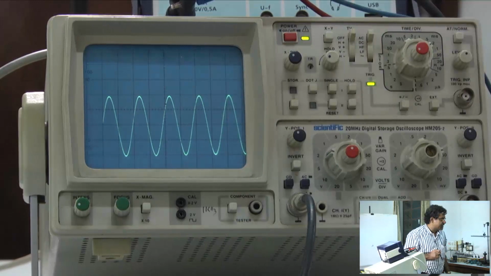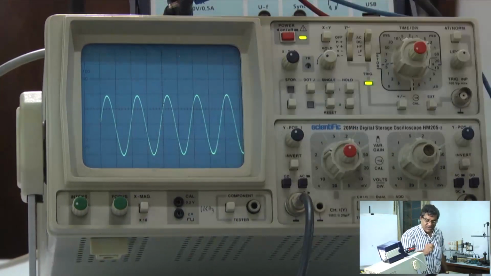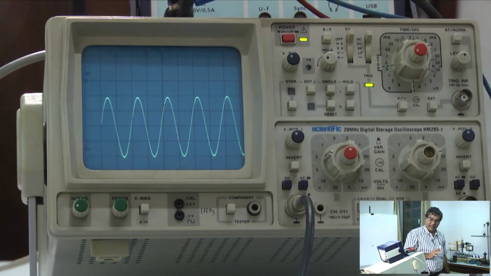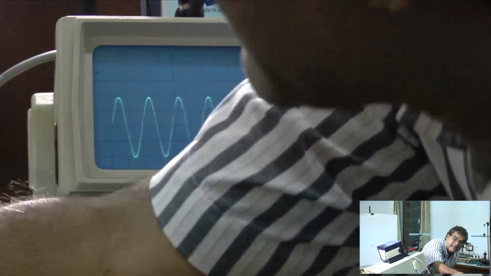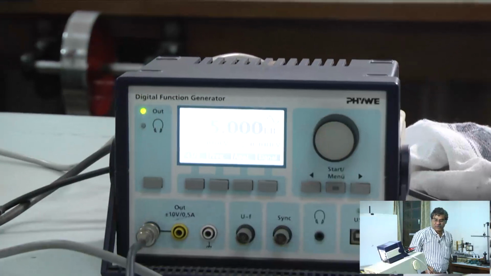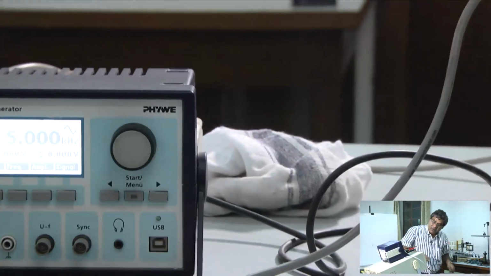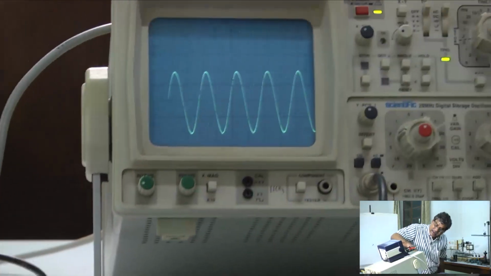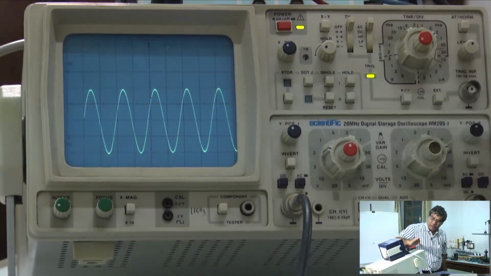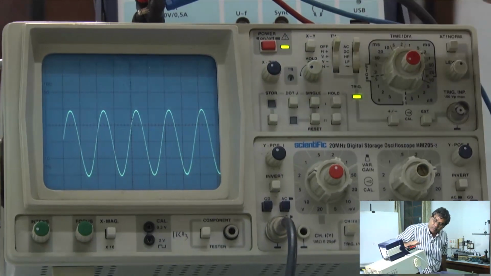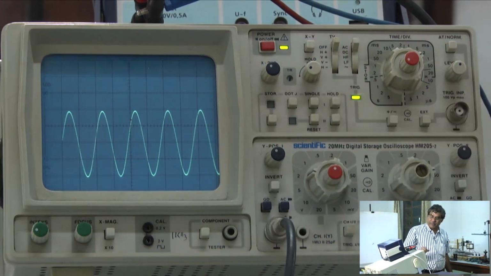Y scale is for voltage and X scale is for time. Okay. So here it is telling the frequency is 5 kilohertz. Now this is for the Y axis, for channel 1 and channel 2, and this is for the X axis for both channel 1 and channel 2.